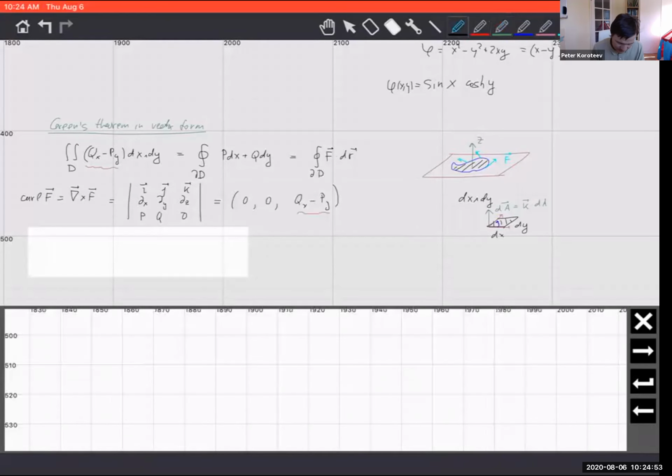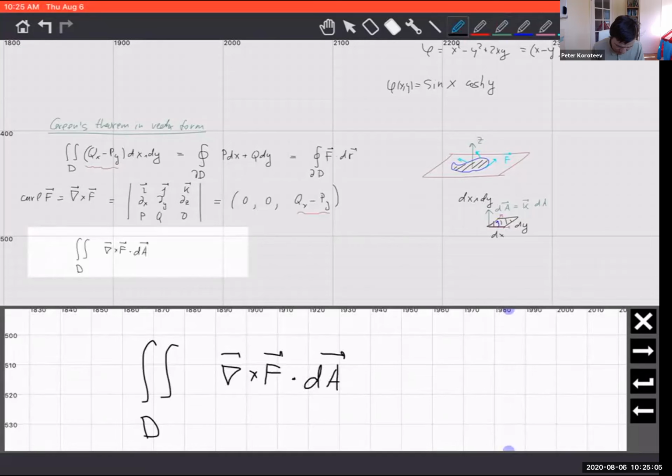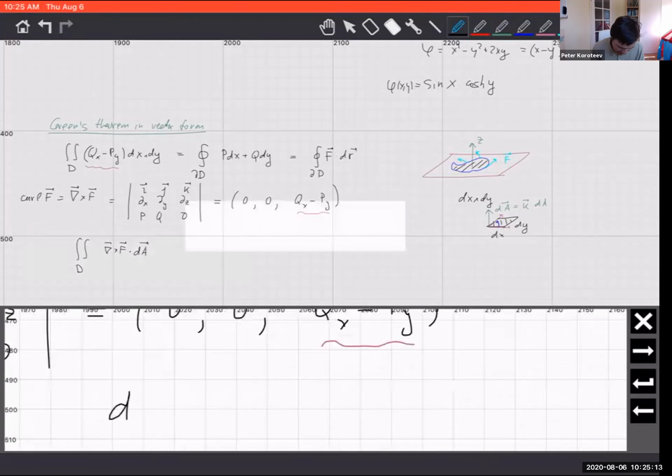Therefore, the left-hand side can be rewritten as the integral over D of curl f dot dA, right? Because this way the vector dA has components 0, 0, and dA.